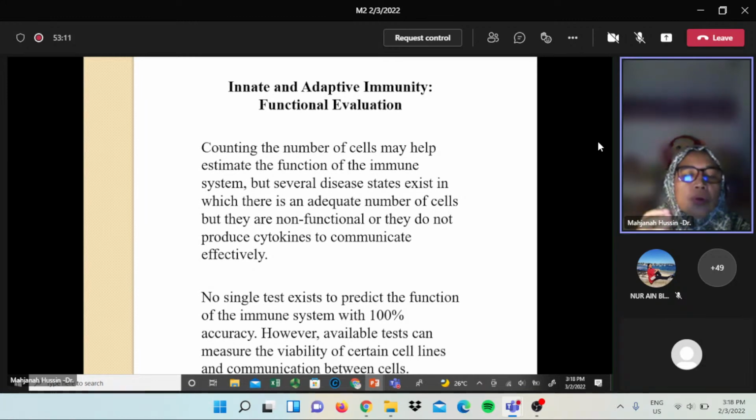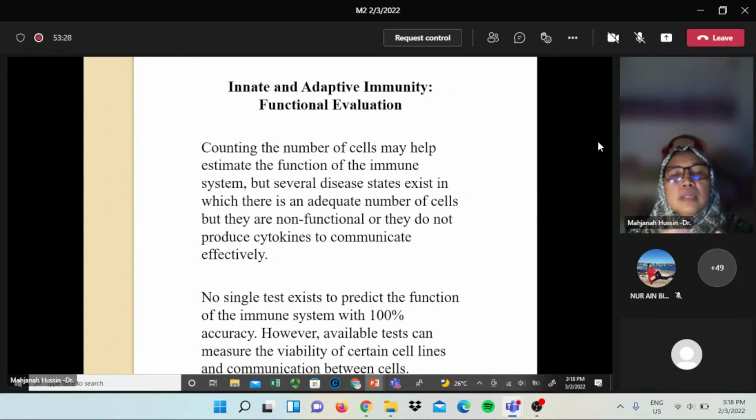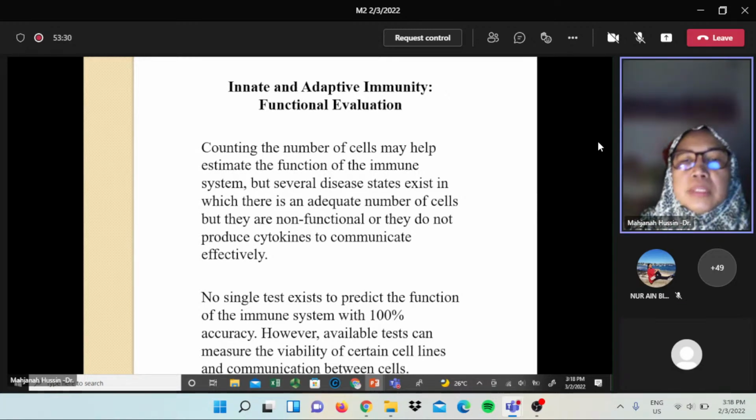So the basic one will be counting how much neutrophil, how much basophil, that you can look at under the microscope, and then you count, and then you multiply by the volume of the blood, and then you will see, okay, this person is healthy, neutrophil count will be between 7,000 to 10,000.